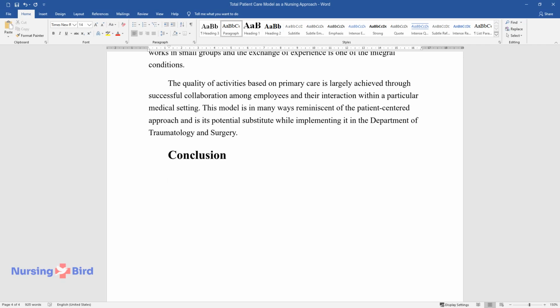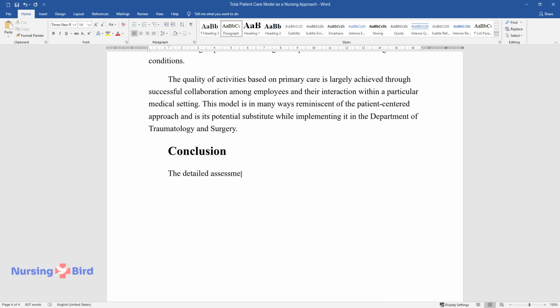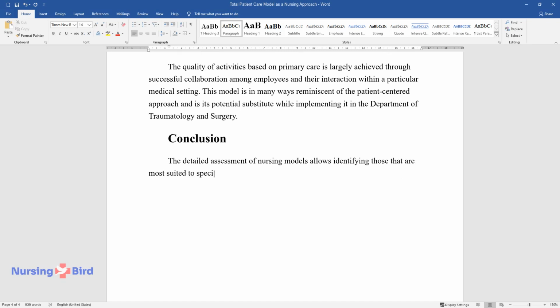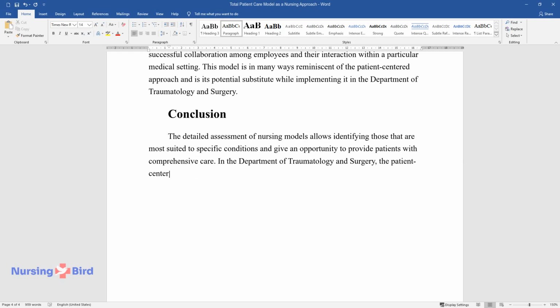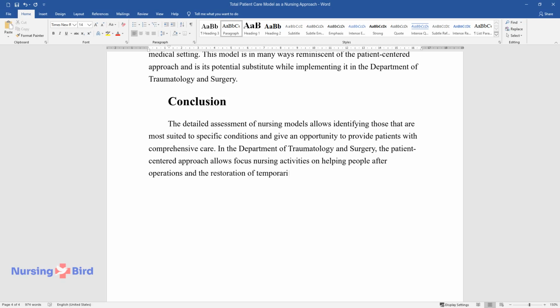Conclusion. The detailed assessment of nursing models allows identifying those that are most suited to specific conditions and give an opportunity to provide patients with comprehensive care. In the Department of Traumatology and Surgery, the patient-centered approach allows focused nursing activities on helping people after operations and the restoration of temporarily lost well-being.